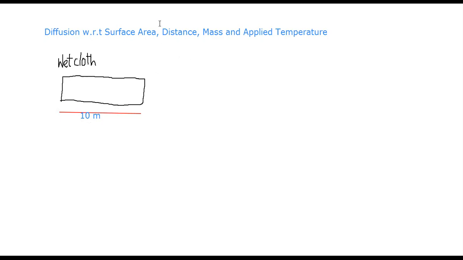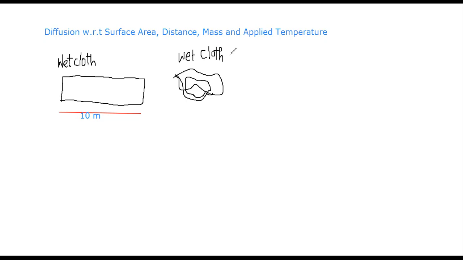You also have another piece, the Xerox copy of that 10-meter cloth. The same 10-meter cloth which is highly folded, and this is also a wet cloth, but it's folded.